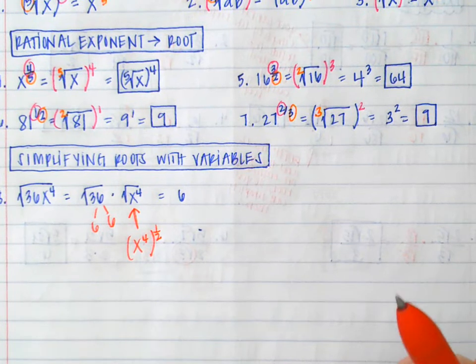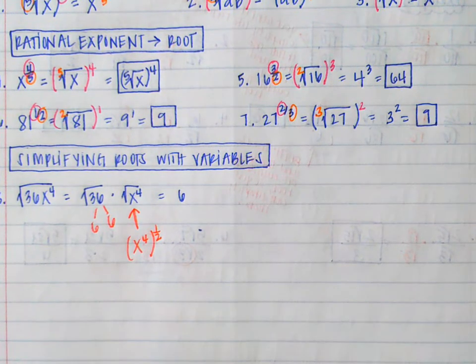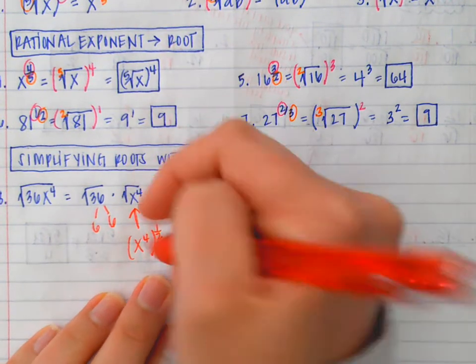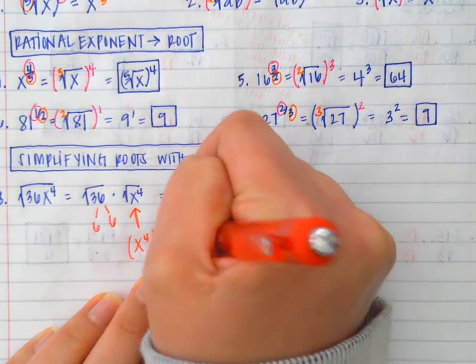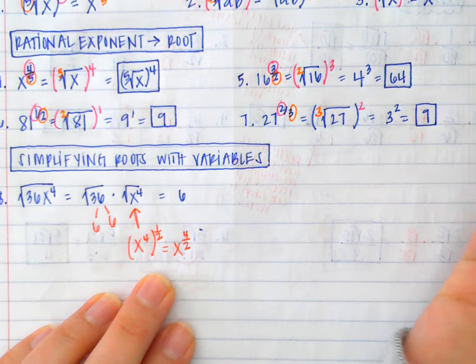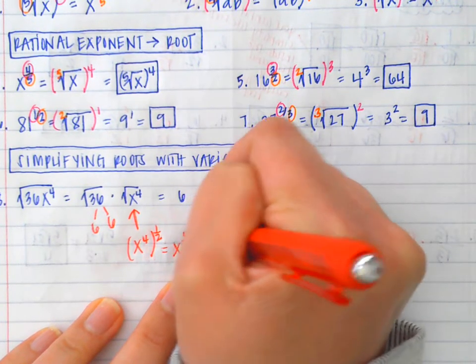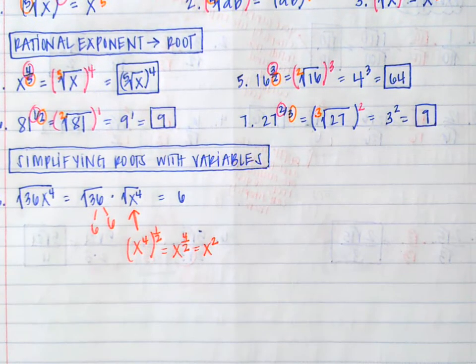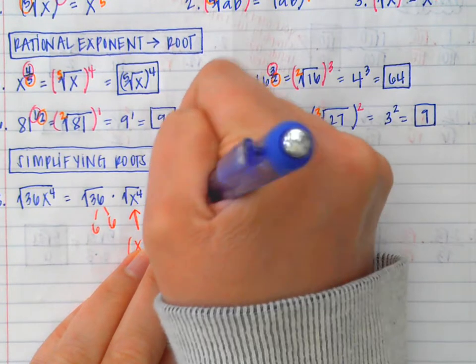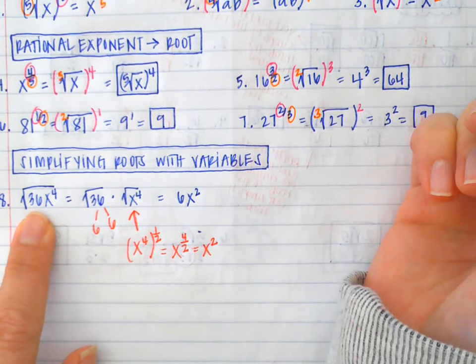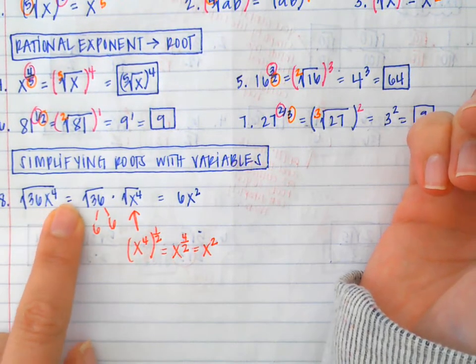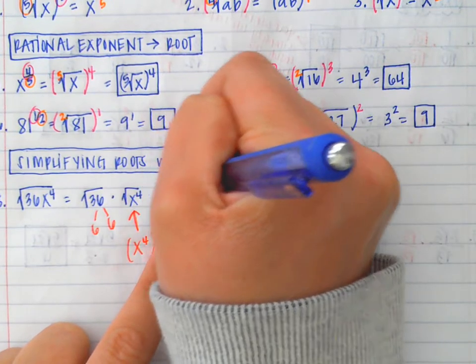Well, throwing it really back to exponents, a power to a power, what do I do with my exponents? I multiply them. What's 4 times 1/2? Well, 4 times 1/2, or it's the same as thinking 4 divided by 2, gets me x squared. And so we can take out an x squared. And so the square root of 36x to the fourth is 6x squared.